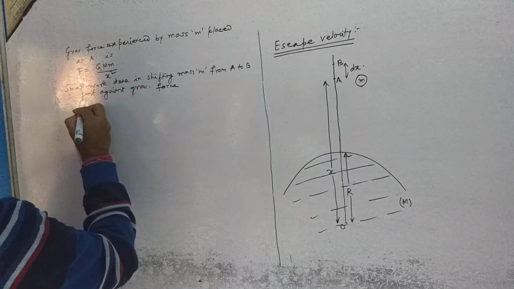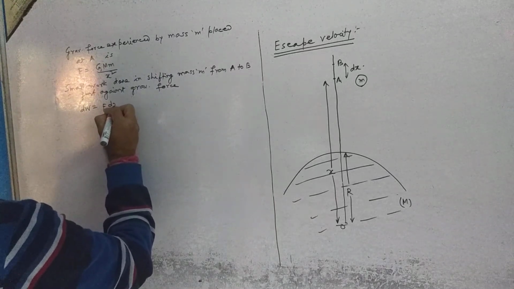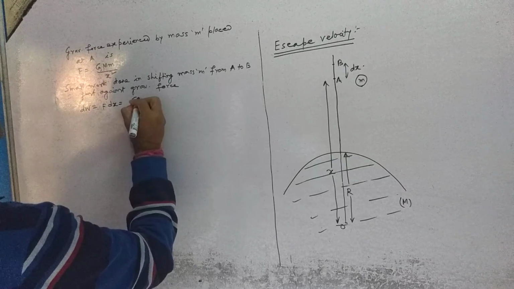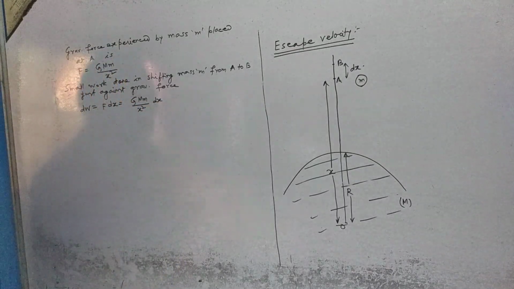Then dW is F into dx, G capital M into small m by x square into dx.